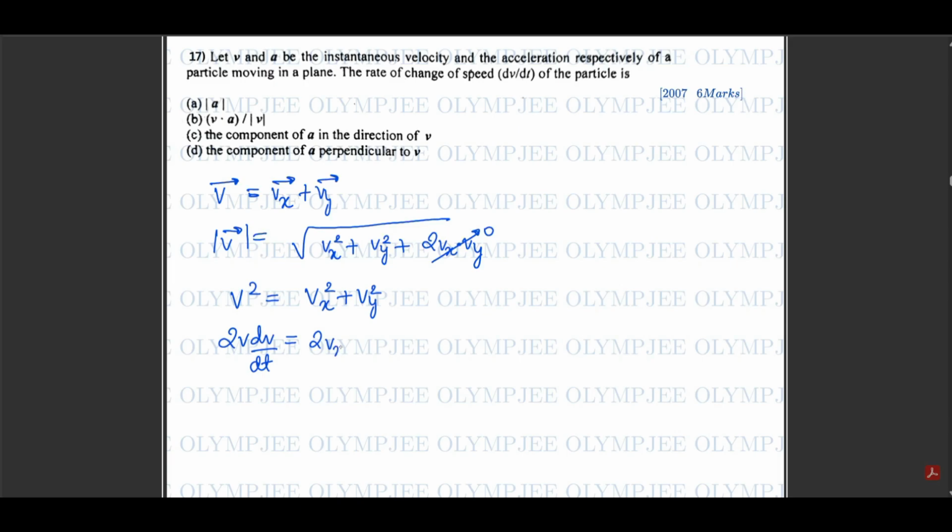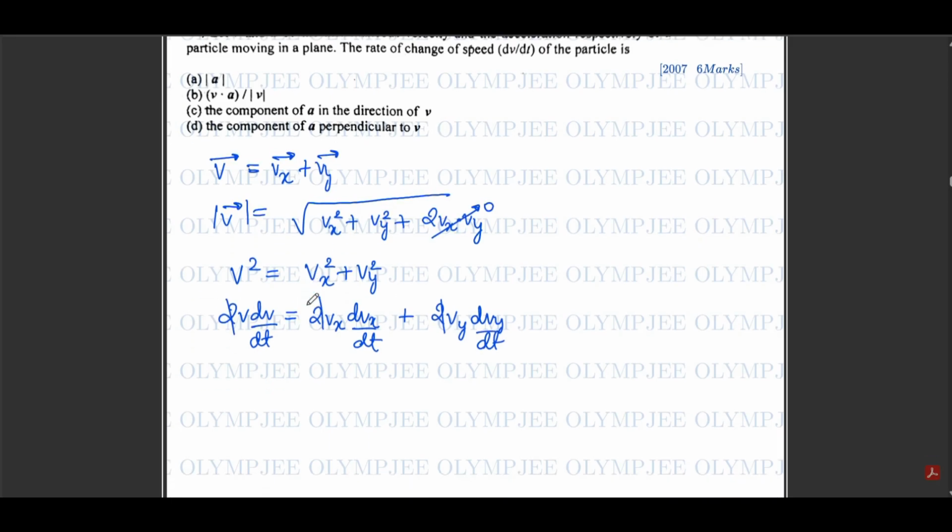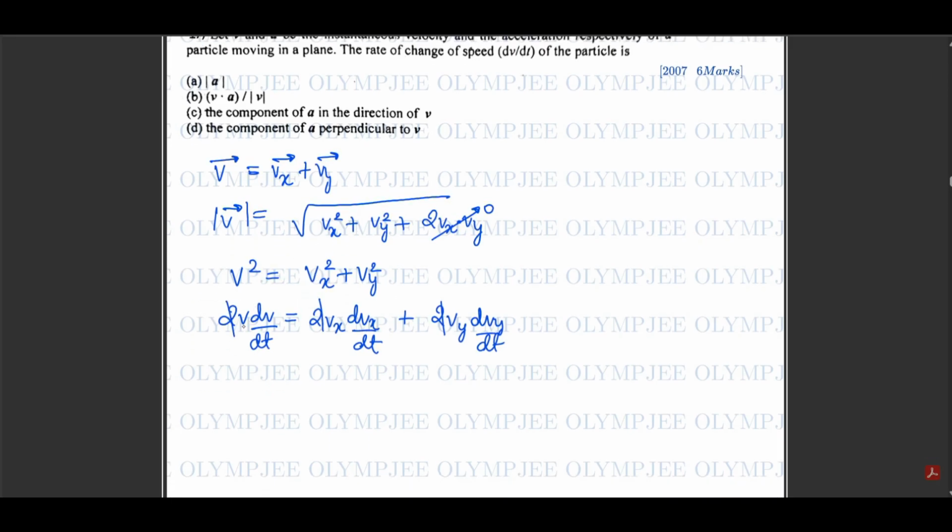we get, on cancelling 2. Also notice that v here is the speed, because we have squared the modulus, so this is speed.